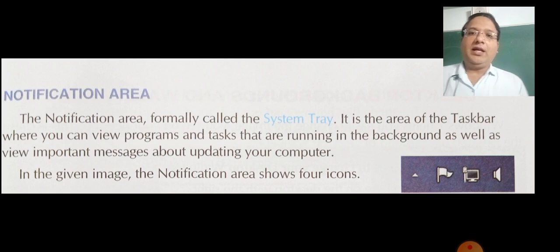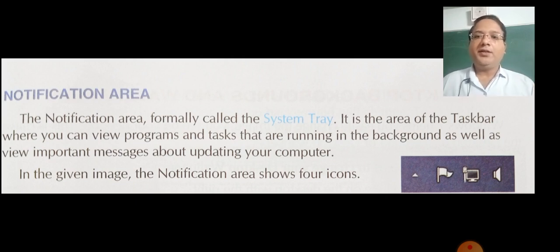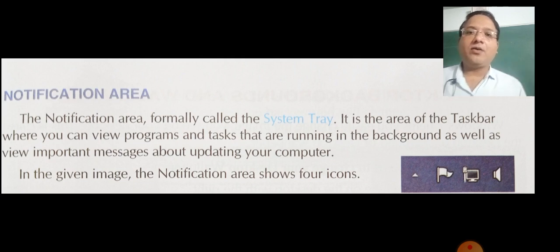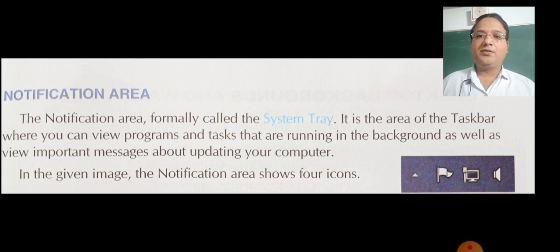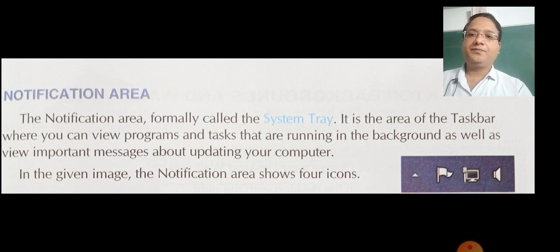So, in the notification area, you can see the running programs. It will store the running programs in the background. In the given image, the notification area shows 4 icons, like sound icons and network icons, etc.